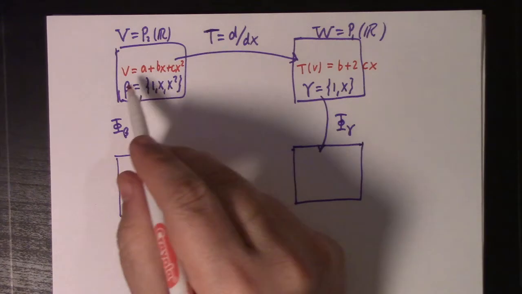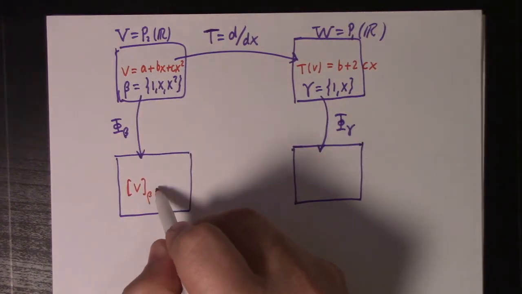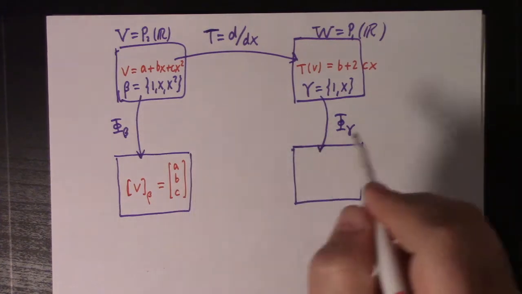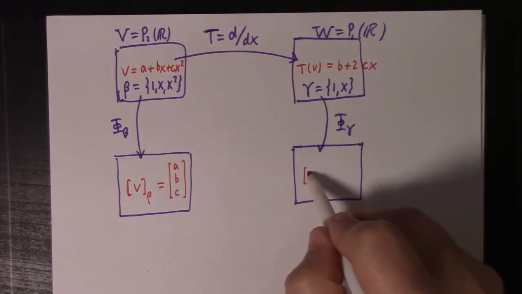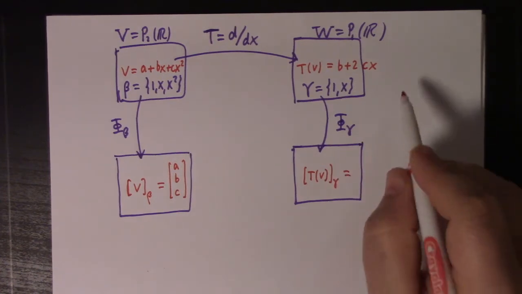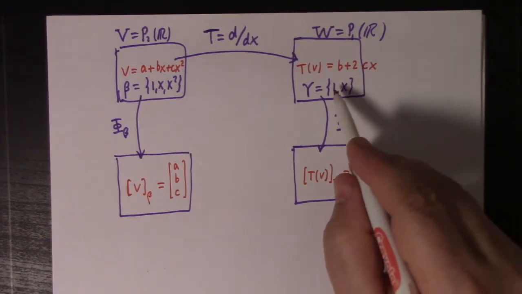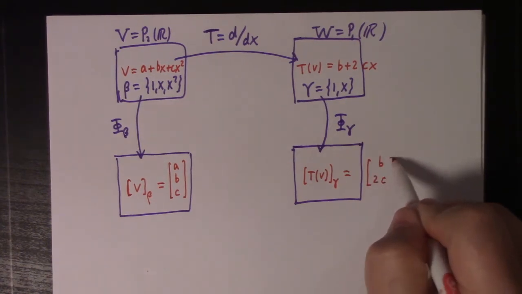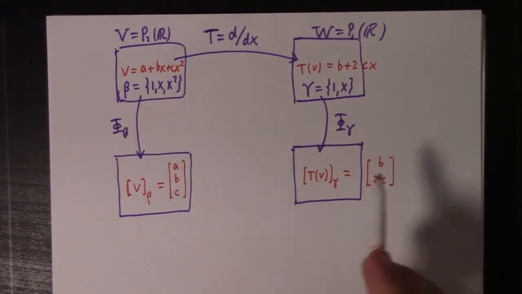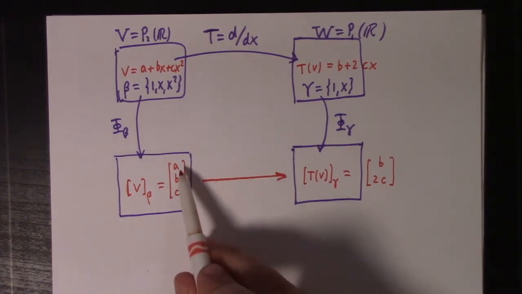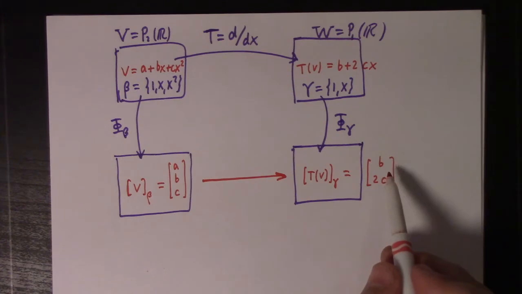The coordinate vector of V with respect to the beta basis is just a, b, c. The coordinate vector of T(V) with respect to the gamma basis is just b and 2c. And whatever I have to multiply this by to get that, that's the matrix.